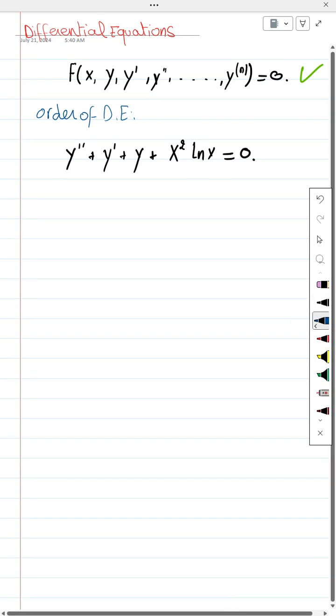The highest derivative in this equation is y second prime, so it is the second derivative, so the order is 2.